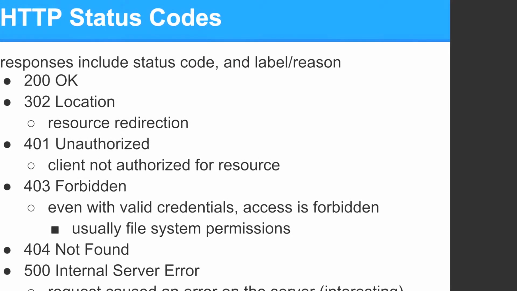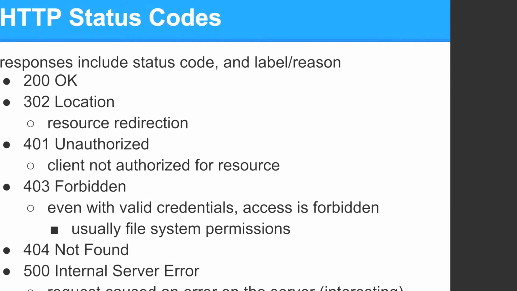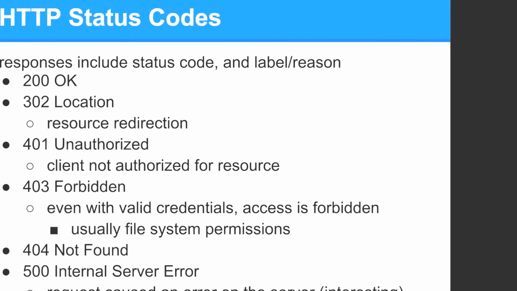So these are some really common status codes. 200 is okay, and it's usually accompanied by data for a web page to be displayed in the client's browser. 302 usually means the request is being redirected to the actual location of the intended resource. 401 means the client is not authorized for that resource. And I'll cover that in the next slide because HTTP was never intended to track state.